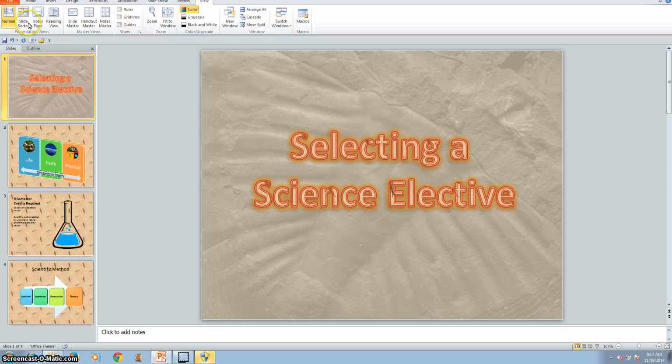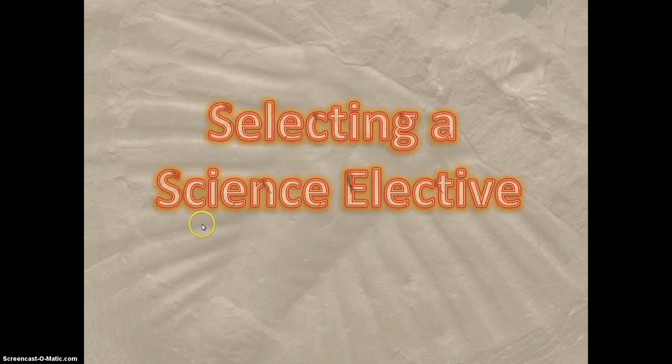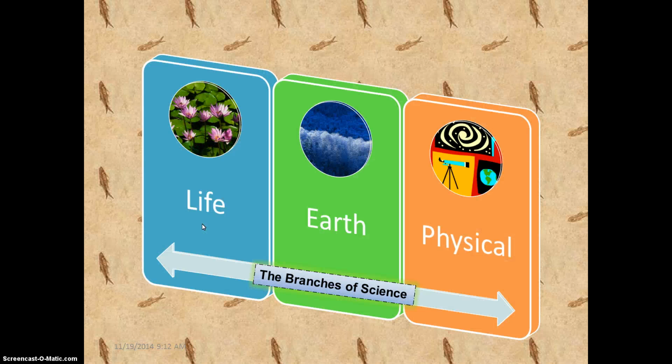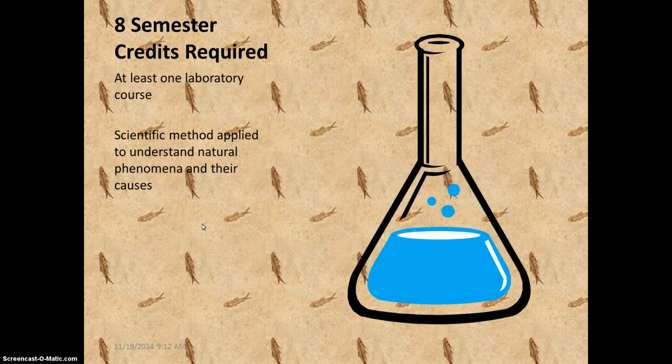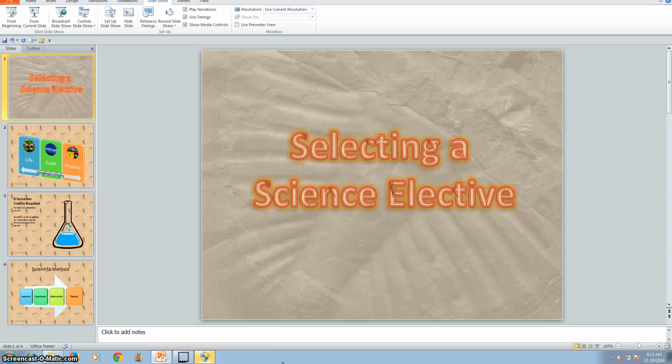Oh, it's under slideshow, I'm sorry. So View, Slideshow from the beginning. And what that does is it allows us to actually navigate through our slides by either clicking or hitting the enter button on our keyboard, okay?